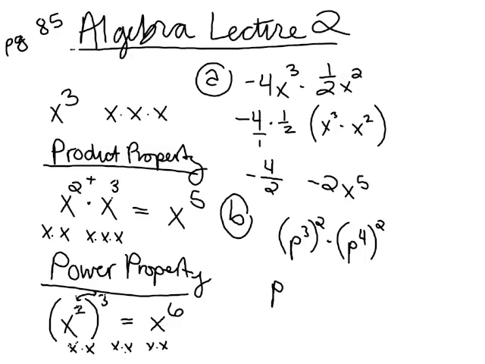So it's the same thing here. 2 times 3, 6. And then this set of brackets, so 2 times 4 is 8. So I started with the power property to get rid of the brackets. And now I'm going to use the product property.